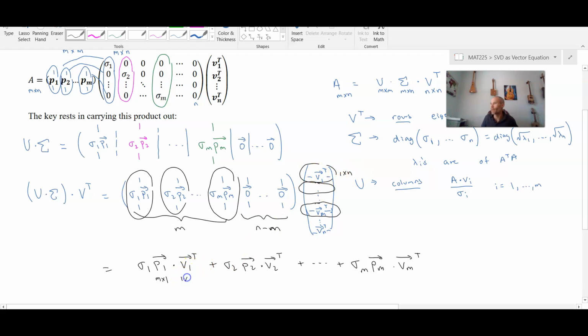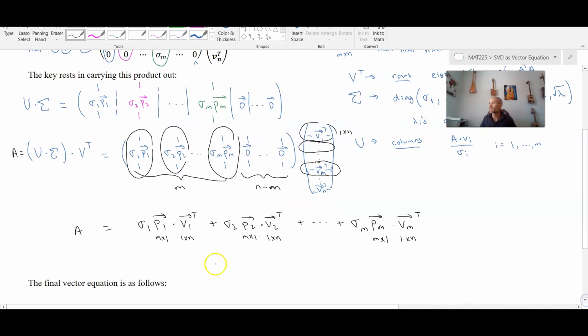So this will be 1 by n. And similarly all the P's are m by 1s, all the Vi transposes are 1 by n. And this is important here because what I'm trying to show is that this still produces the A matrix. This is the A matrix, and therefore this better equate to an m by n sum of terms.